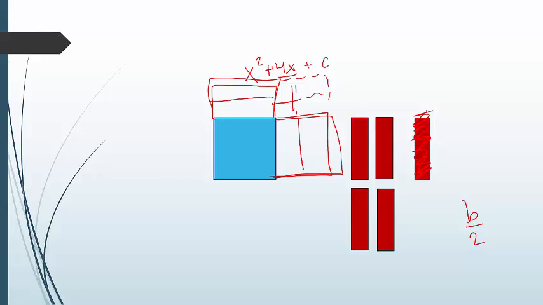Now remember, if you had 400 rectangles and you put half of them here, these each count as 1. All right, this is 1 unit long, 1 unit long. So whatever b over 2 is, that's going to be the length and the width of this resulting square. So how do you get the area of the square?